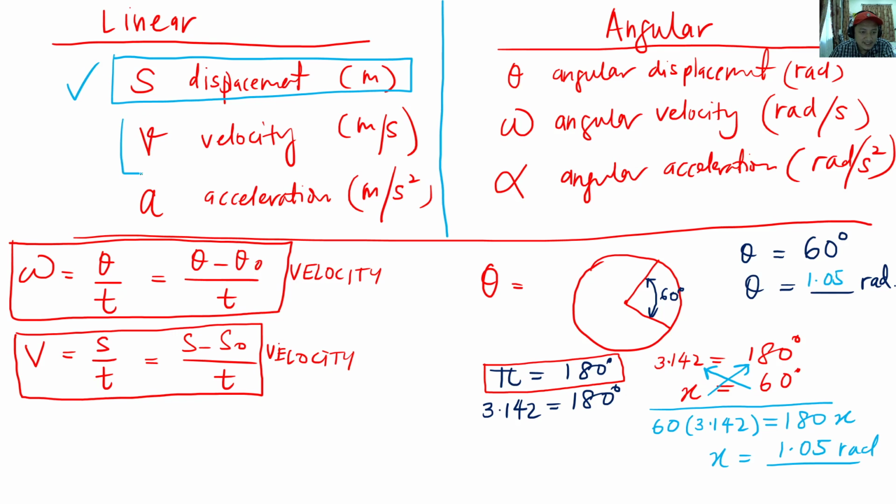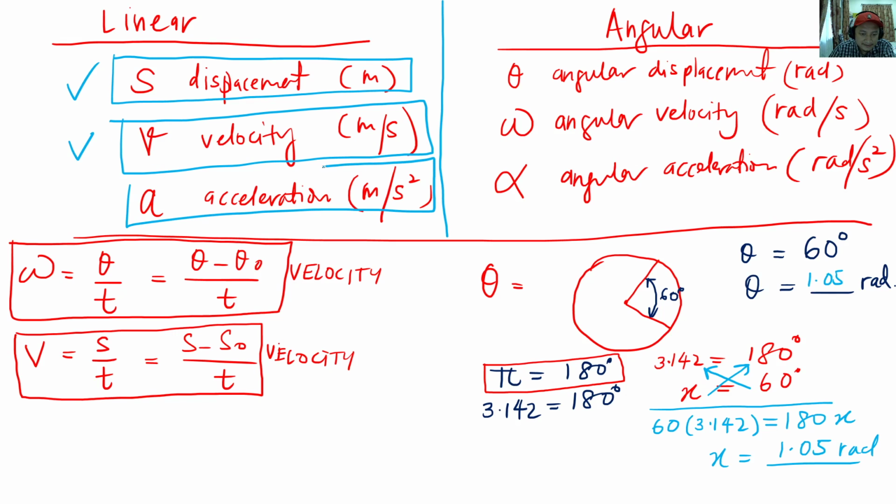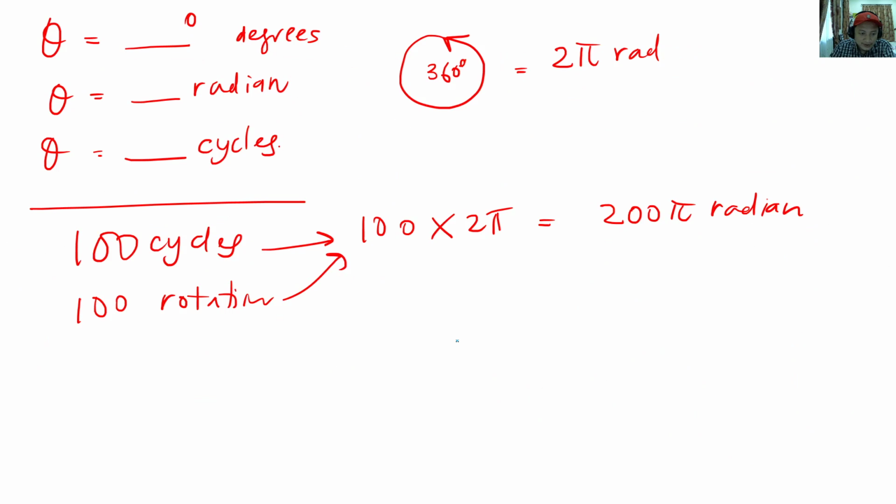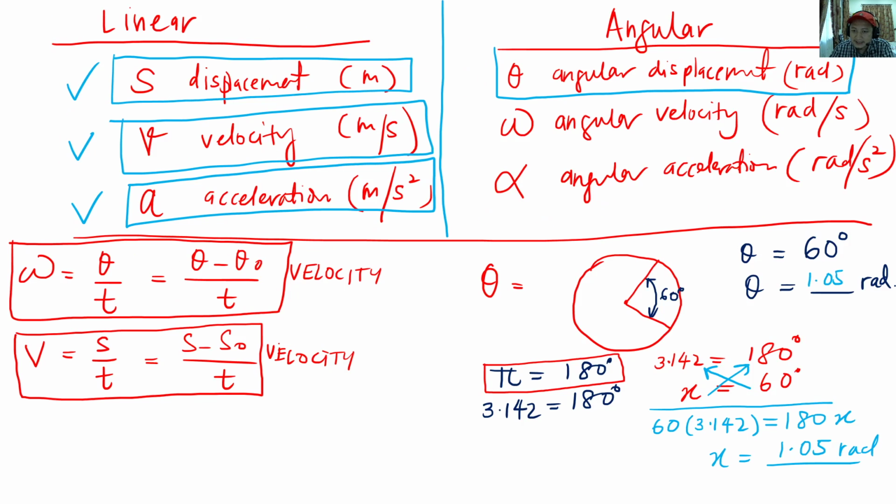We've done a lot of exercise in previous chapters, remember? Kinematics of particles, all are on linear motion. This one we've done a lot. Theta we've done some exposure lah. Things like degrees, radian, and also rotation or cycles. So you guys are okay with this.